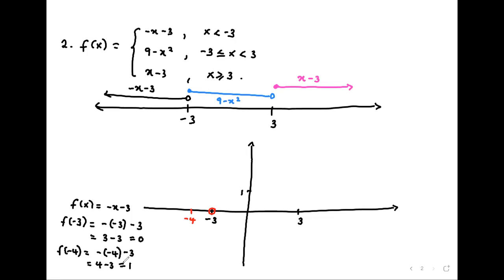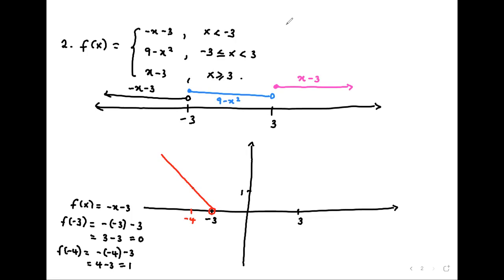So we have 1 and a point there, meaning that our sketch comes from this direction, all the way up to this one. They are lines, so not complicated. Then we come to the middle one.